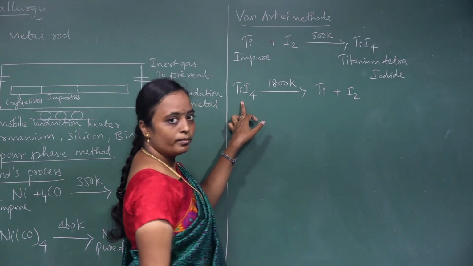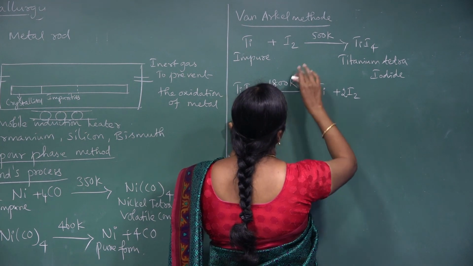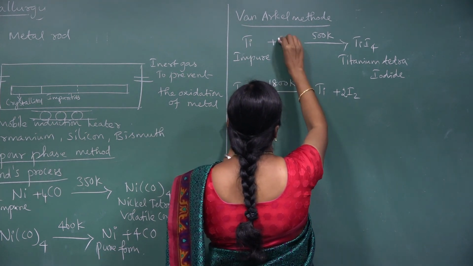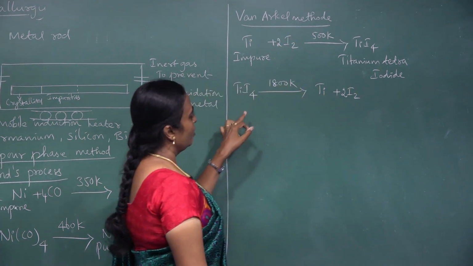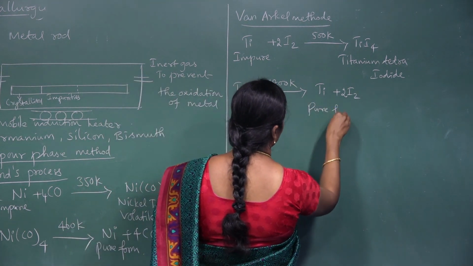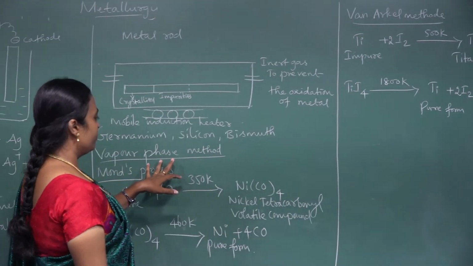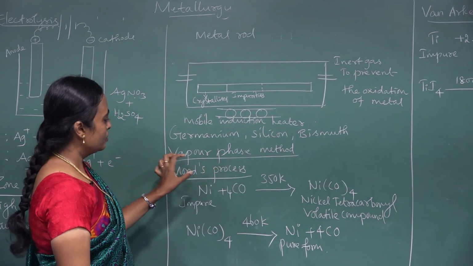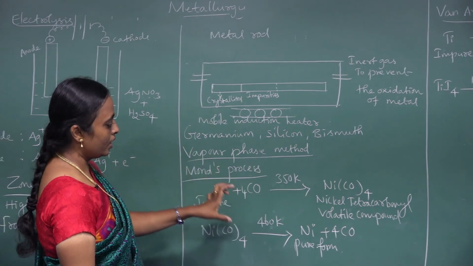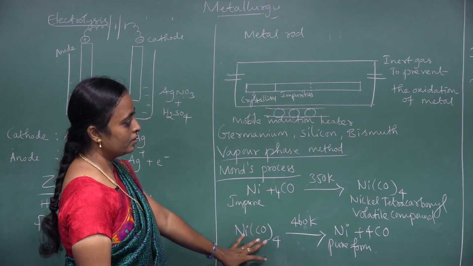To balance this, you get 2 iodine, and finally you get titanium in the pure form. So these two methods are the vapor phase method. By using volatile compound formation, we can get the pure form of a metal.